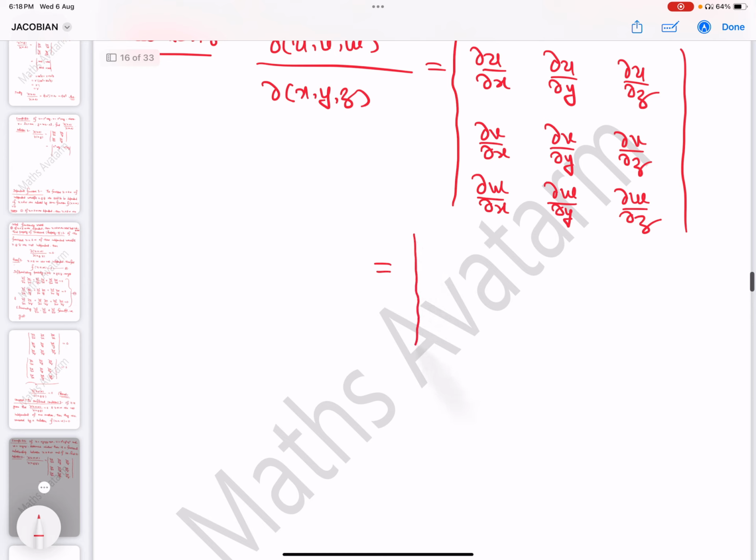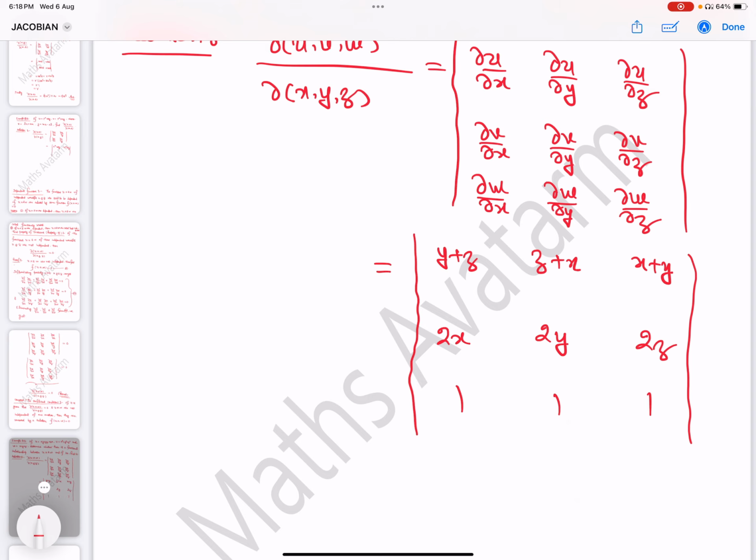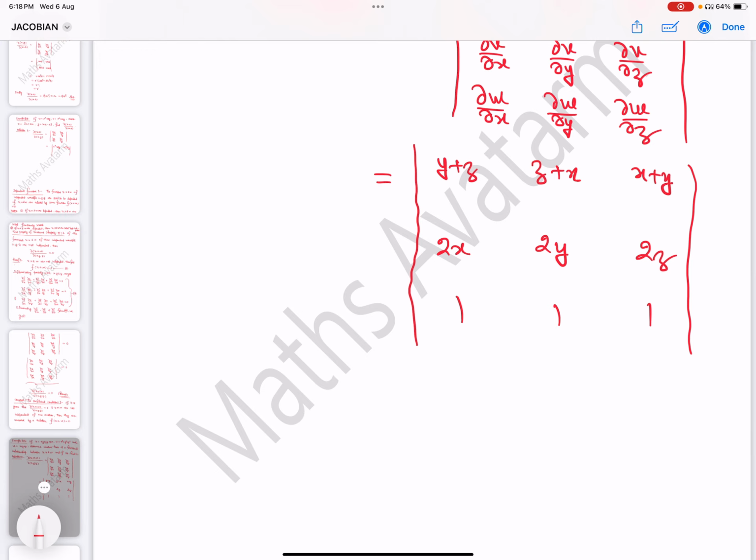So what is this? y plus z, z plus x, x plus y; 2x, 2y, 2z; 1, 1, 1. So apply R1 is equal to R1 plus R2.